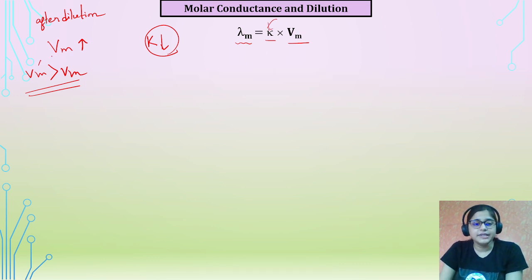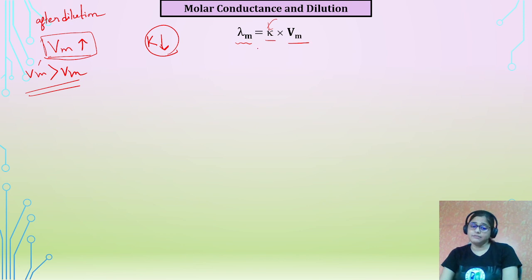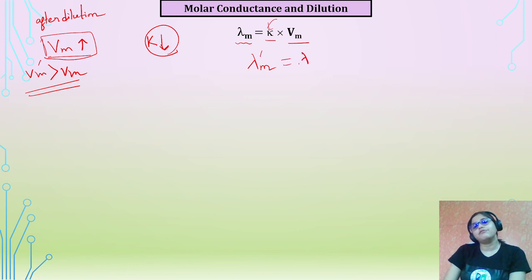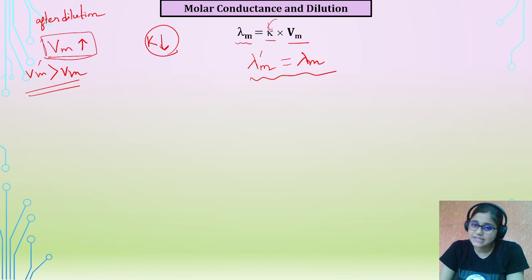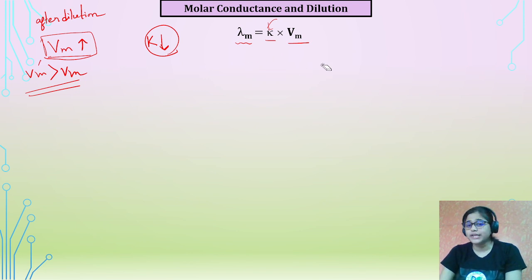Vm will increase when the solution is diluted and kappa decreases. So by seeing that equation only, one decreases and one increases, so overall the effect should be the same. We should think that lambda m dash will be equal to lambda m.